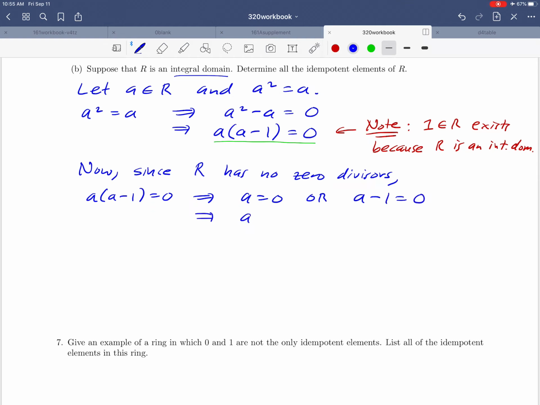And if you take the second equation and just add 1 to both sides, we get A equals 1. So what have we really shown here? Well, we've shown that the only two idempotent elements in this ring are 0 and 1. The additive and the multiplicative identity, those are the only possibilities.